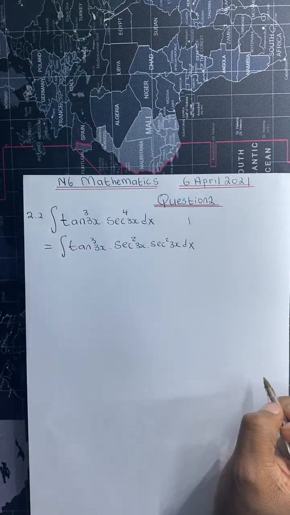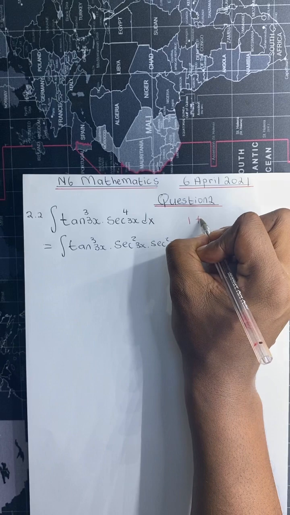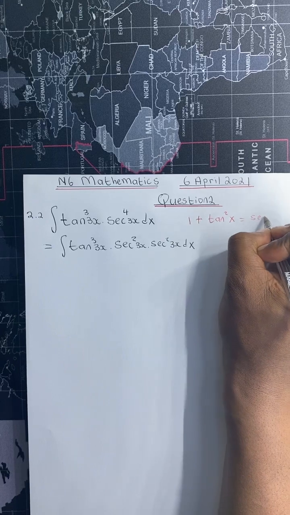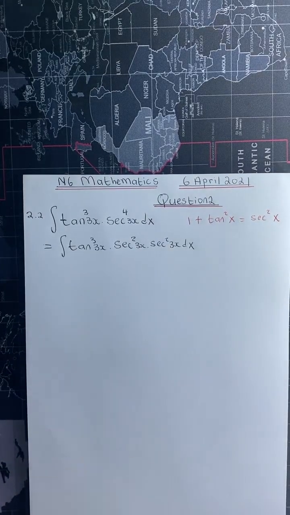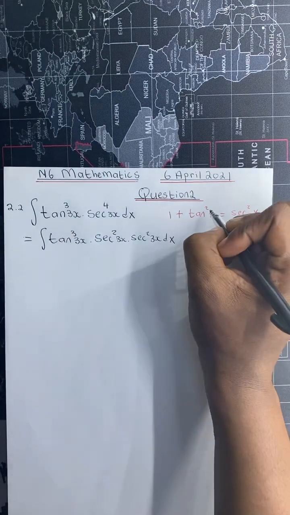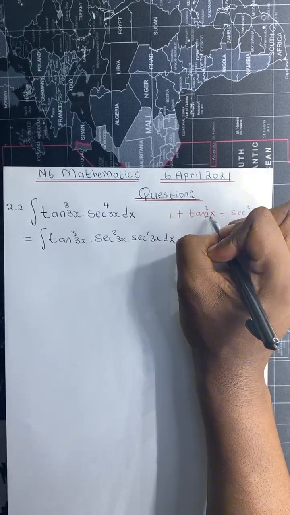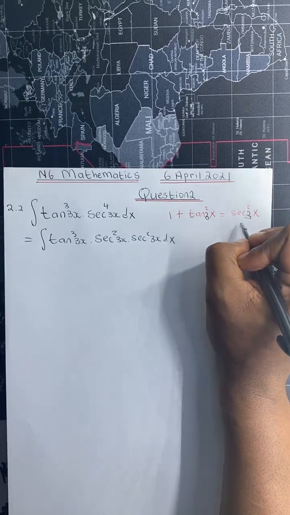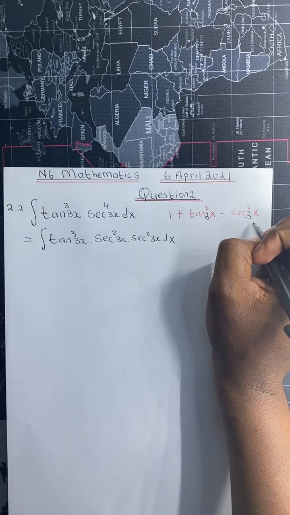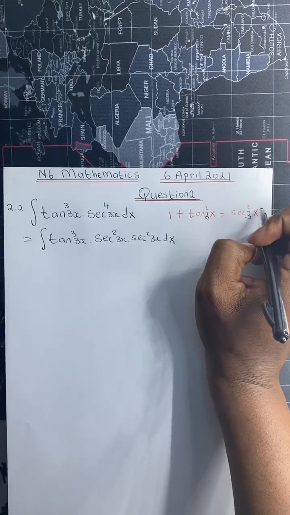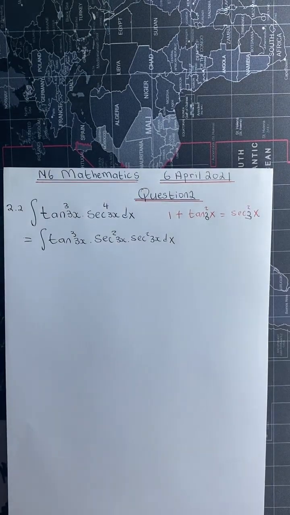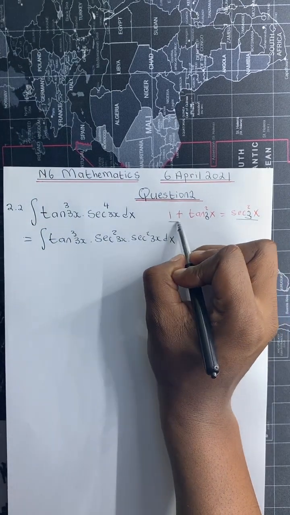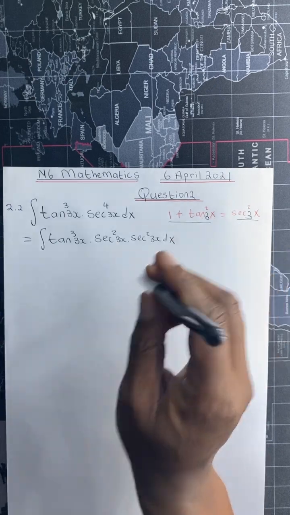We know from our trigonometric identities and also from our formula sheet that 1 plus tan squared x is equal to sec squared x. So in the place of sec squared 3x, we will substitute 1 plus tan squared 3x.